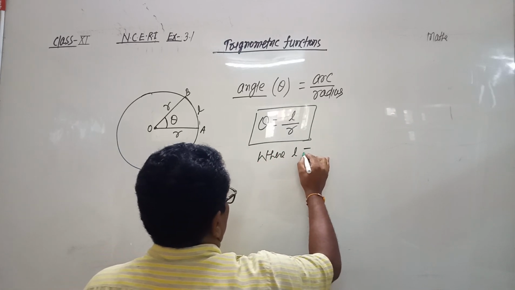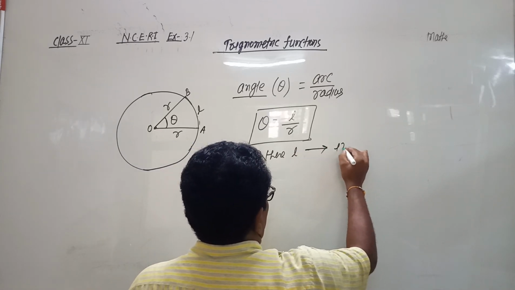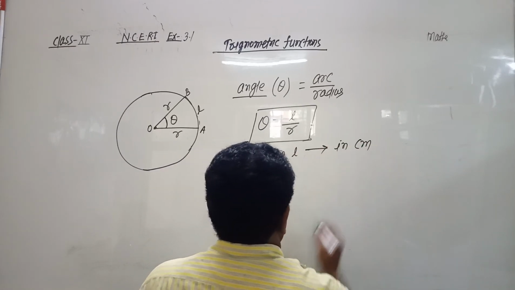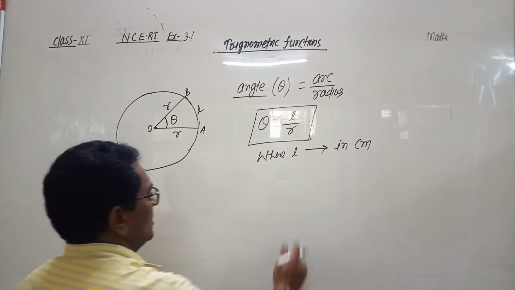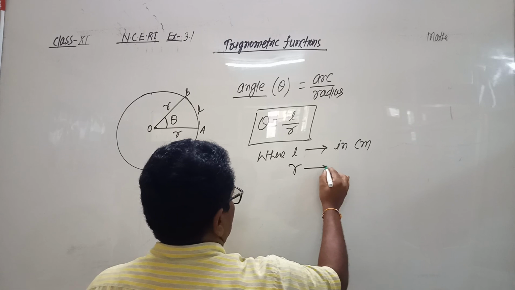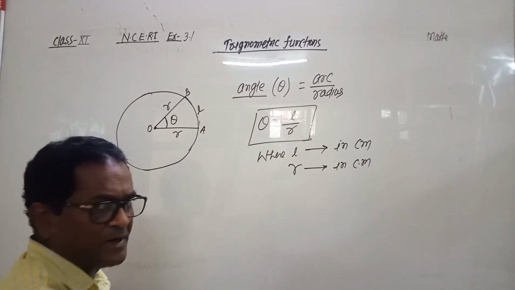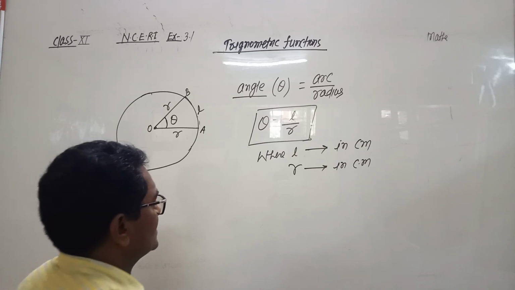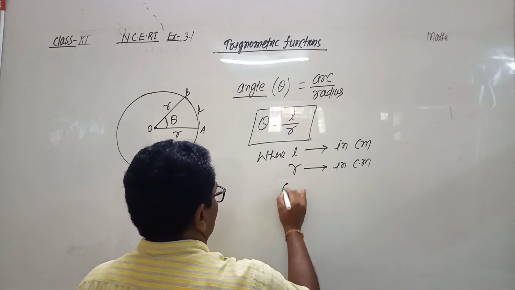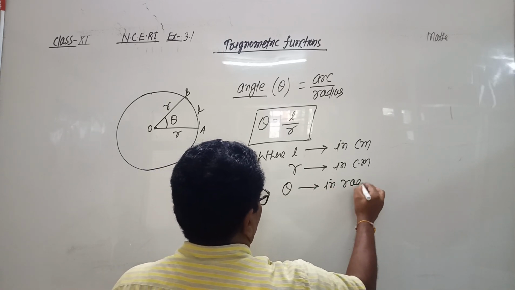L must be in centimeter. If in the question the length of arc is given in meter, we have to convert it into centimeter. Radius also in centimeter. Length of arc L in centimeter, radius R in centimeter, and theta in radians.